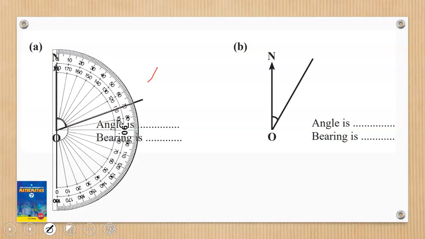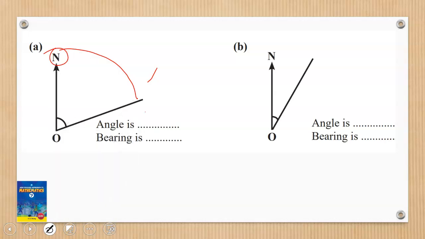So here we have from the 0 here, it moves this direction, and we have 70 degrees. And so here, our answer for the angle is 70 degrees, but then our bearing will be 070 degrees. You get it? So that is the bearing. So if I put P here, I will say the bearing of P from N becomes that.